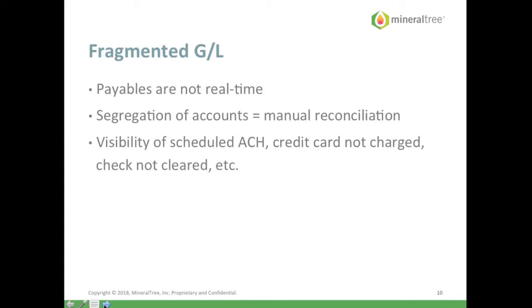So the credit available is not actually true because I need to account for that charge that just hasn't been processed yet. And there's really just a lot of manual reconciliation when it comes to having all of your accounts in scattered places. So you can see the last point here is what I just covered. It's just visibility into what has been scheduled and how that matches up and takes away from your cash flow. So you can see exactly what you're looking at and have an accurate real-time view of your general ledger.